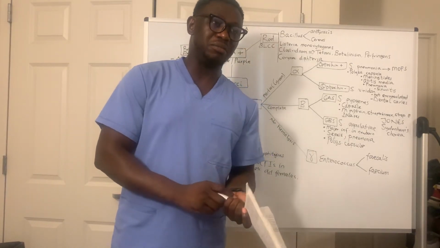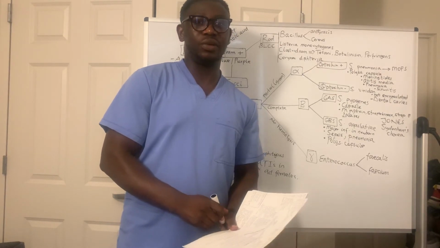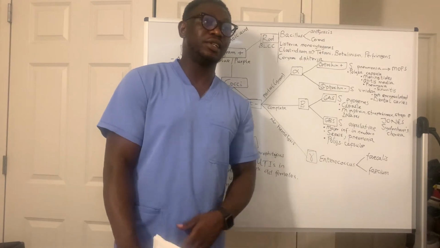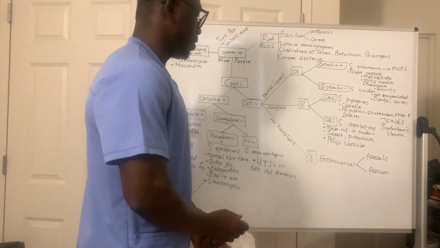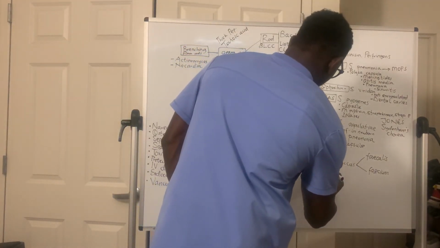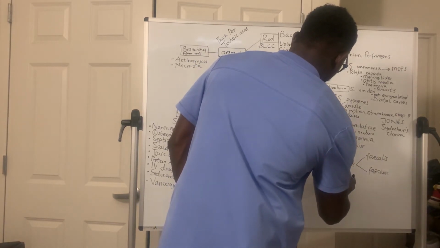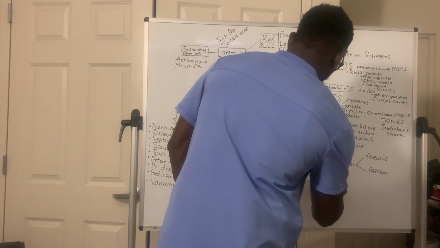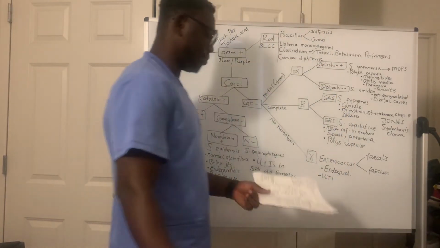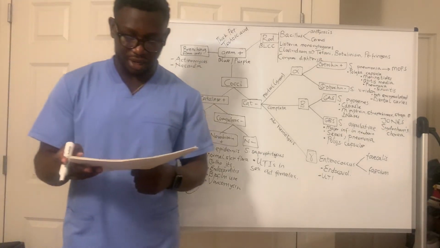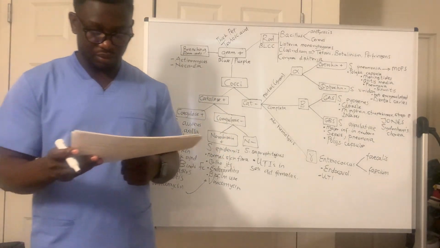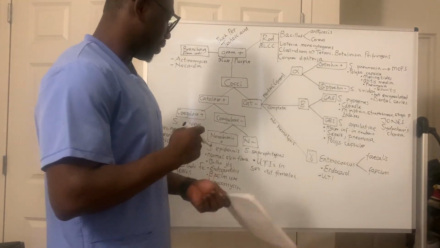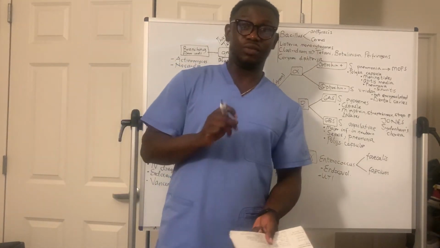When someone presents with enterococcus, chances are the person is going to present with some form of endocarditis or UTI. So the clinical features are endocarditis and UTI. Another high yield point: they grow in a medium of sodium chloride.